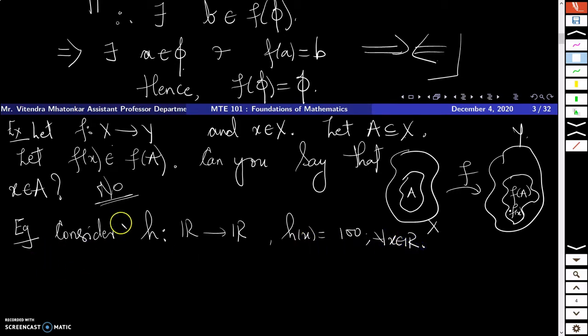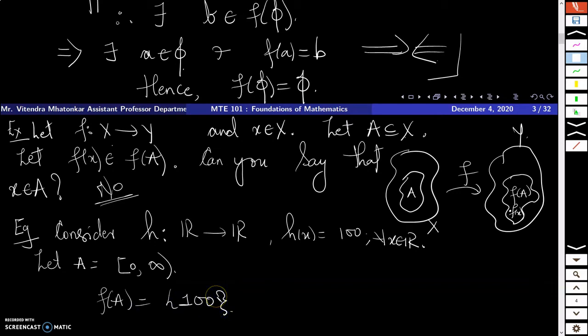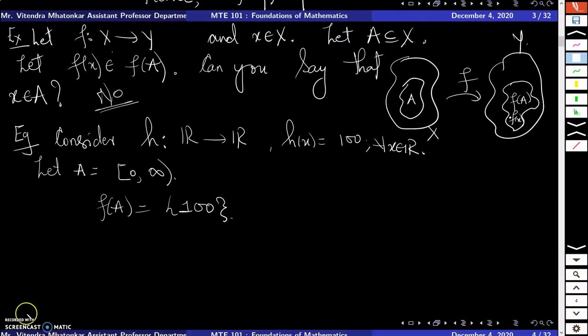Then, I'll pick up a set A first and let A be equal to all the positive real numbers including 0. Then what is the image of this set A? Every point is mapped to 100. So f of A will have only one point, that's 100, right?